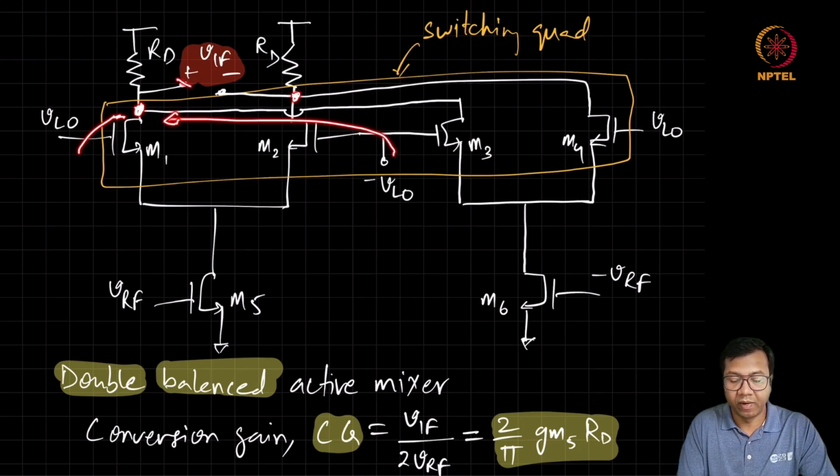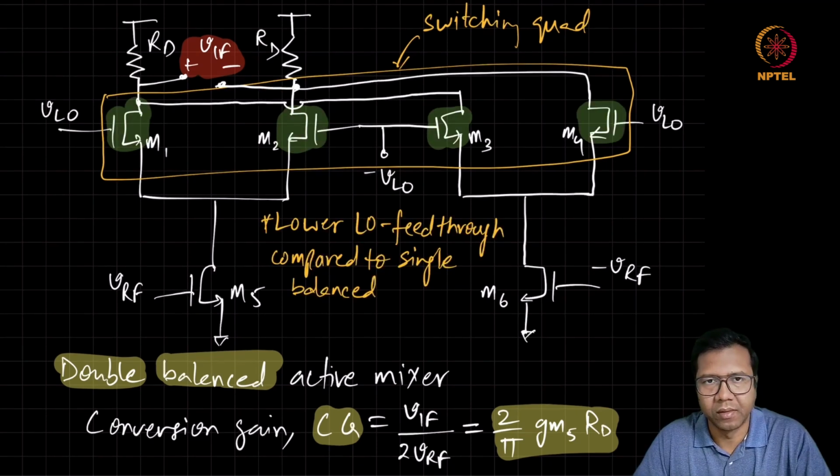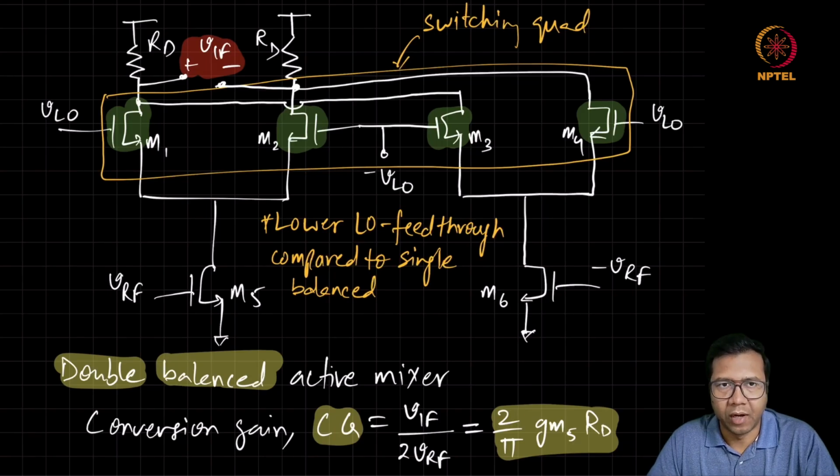So when we take the difference, any coupling because of the LO signal to the single-ended IF will get cancelled, and we have no artifacts because of this LO swing getting coupled to the drain of this switching quad MOSFETs. After understanding the conversion gain of single and double balanced active mixer, now let us try to understand how to analyze noise in these kinds of mixer circuits where we have MOSFETs with time varying behavior.